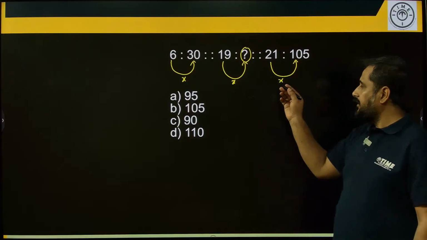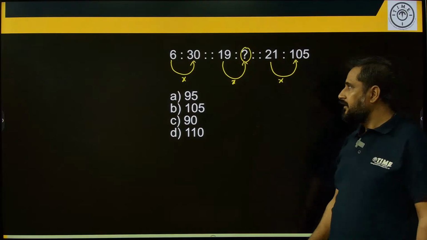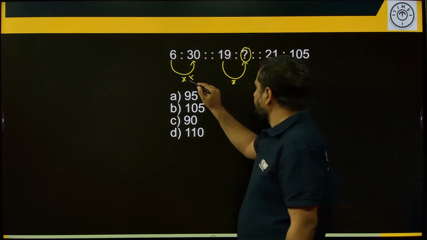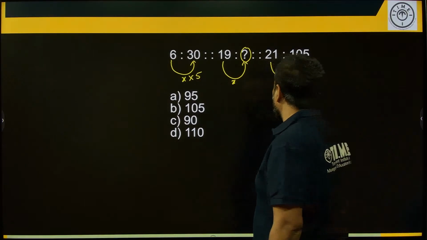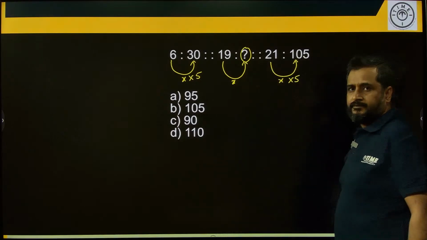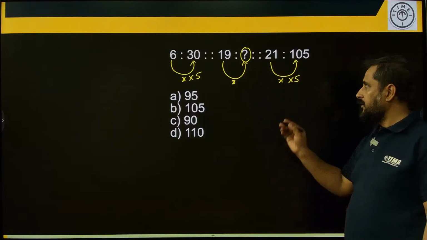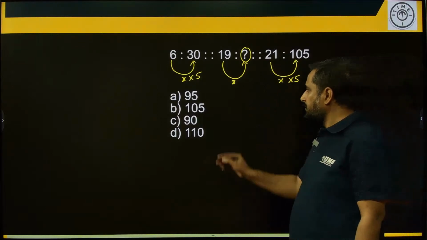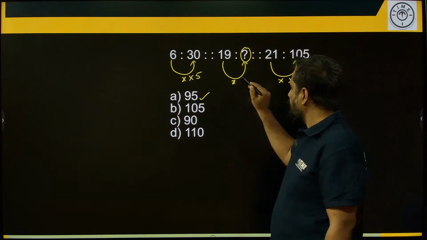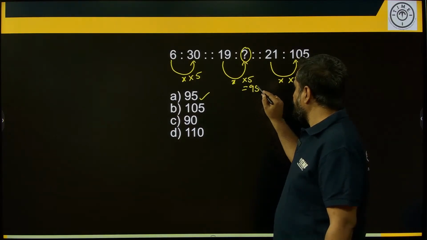Okay. 6 is to 30 and 21 is to 105. It is clearly visible, right? 6 fives are 30. Similarly, 21 fives are 105. Now apply the similar logic and check whether it is available in the options or not. 19 fives are 95. Yes, it is in the choices. 19 into 5 is equal to 95. It's in choice A.